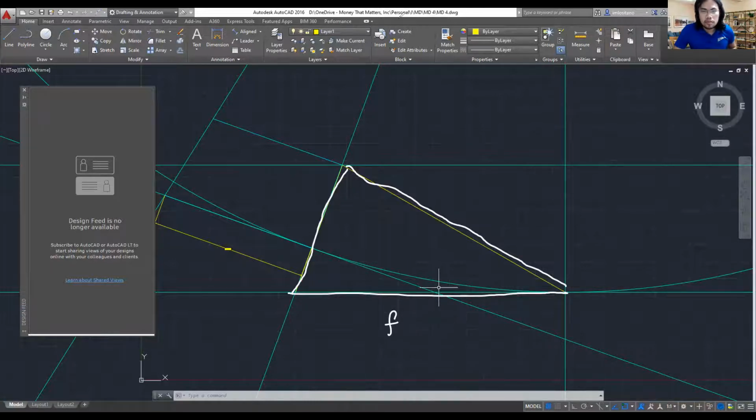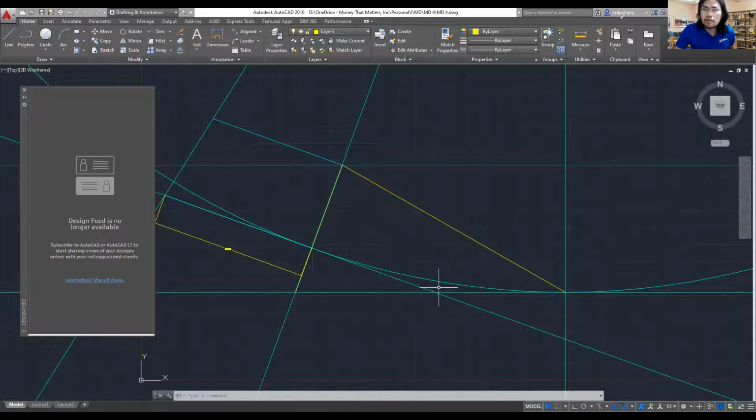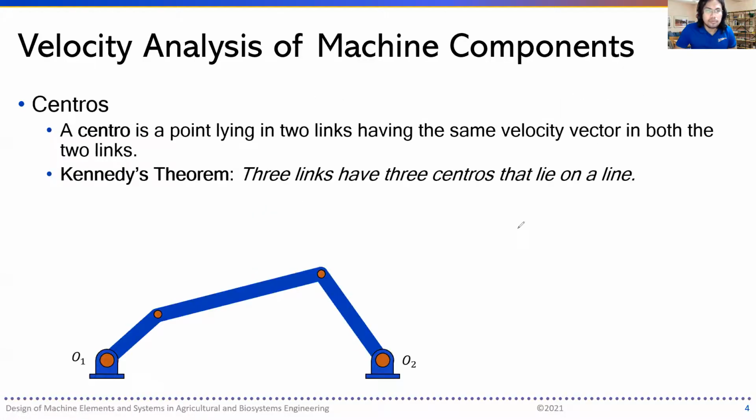All right, so let's move to our centro. The centro is a point lying in 2 links having the same velocity vector in both links. When you say velocity vector, it's magnitude and direction.